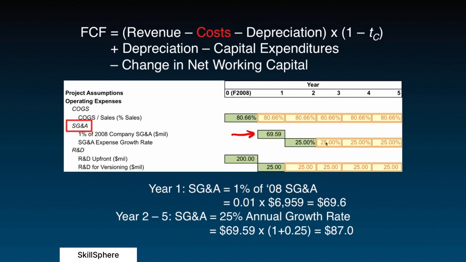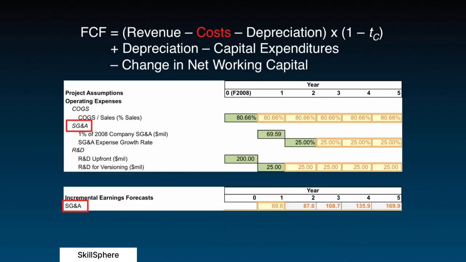But going forward in years 2 through 5, we're going to assume that SG&A expense grows at 25% per annum. So to get year 2, for example, we start with our $69.59 million expense in year 1, and we compound it up by 25% to get an estimate of $87 million for our second year SG&A expense. And if we continue with that 25% annual growth, we're going to get an actual SG&A series here.